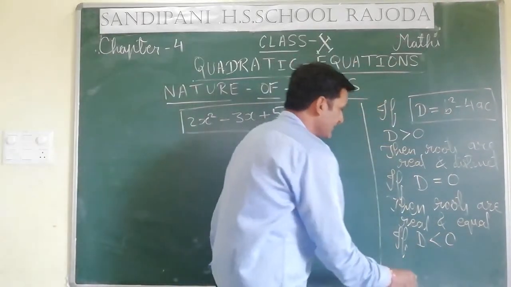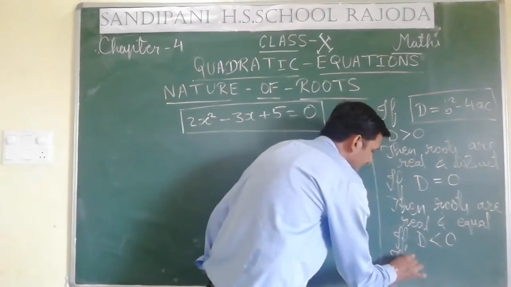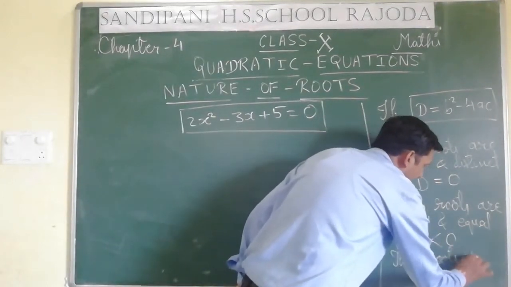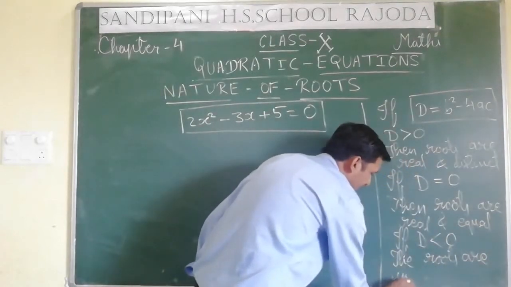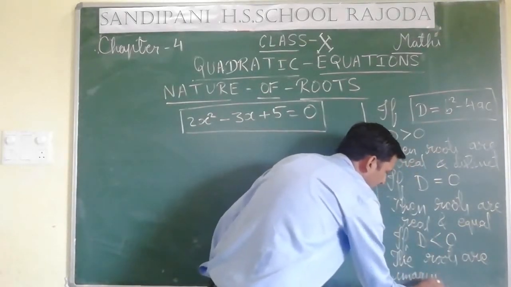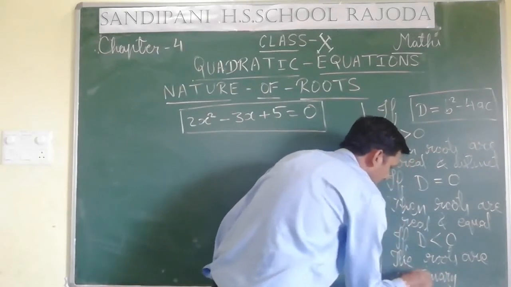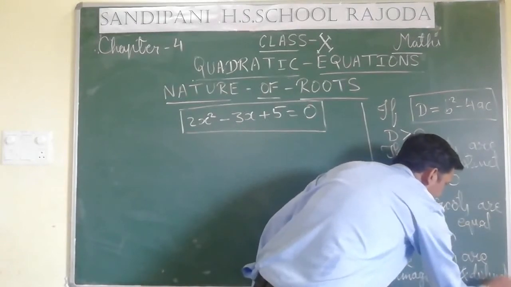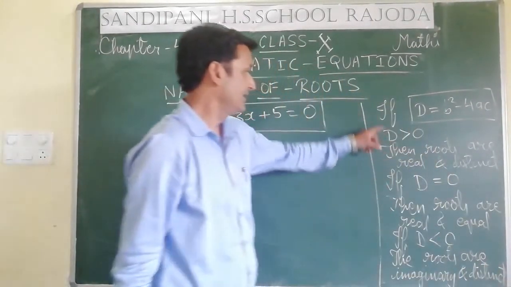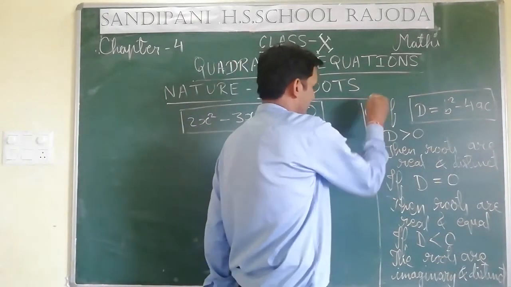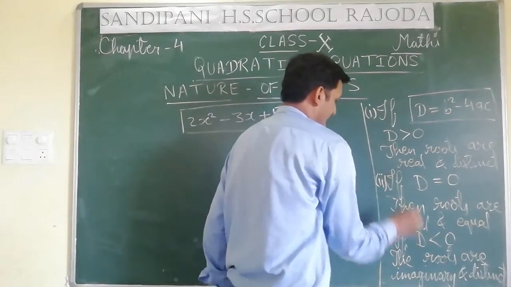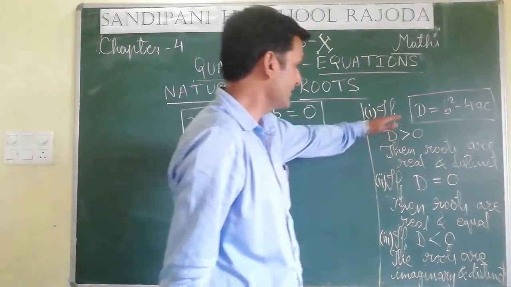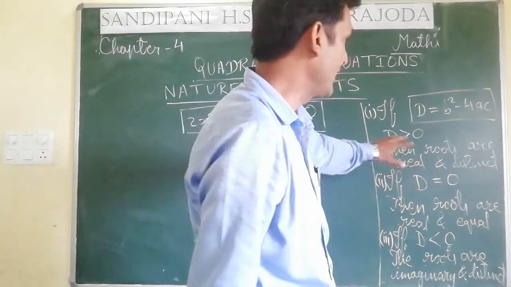So if d is less than 0, then roots are imaginary and distinct. These three cases are there: first case, second case, and third case. These three cases tell you the nature of the quadratic equation.